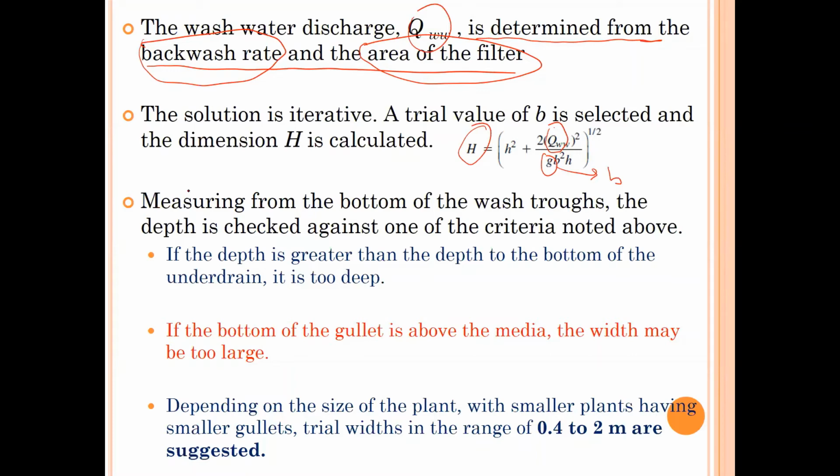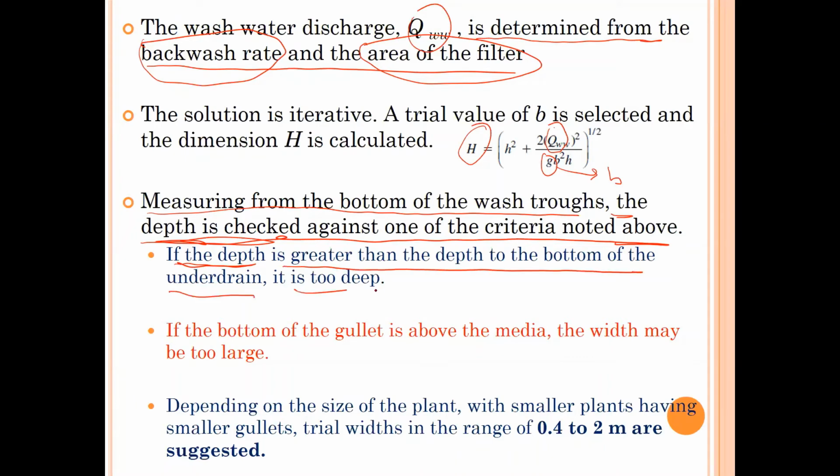Now we measure from the bottom of the wash tub. The depth is checked against one of the criteria noted above. If the depth is greater than the depth of the bottom of the under drain, it is too deep.